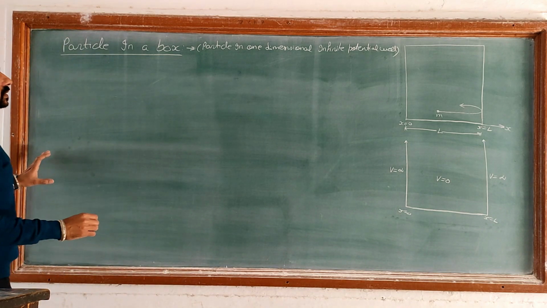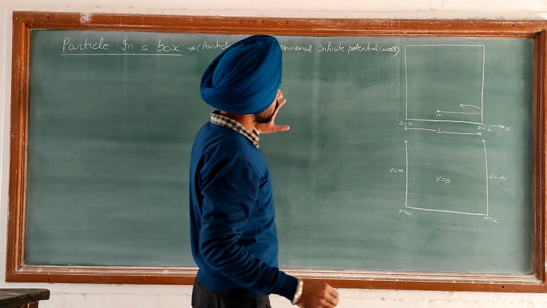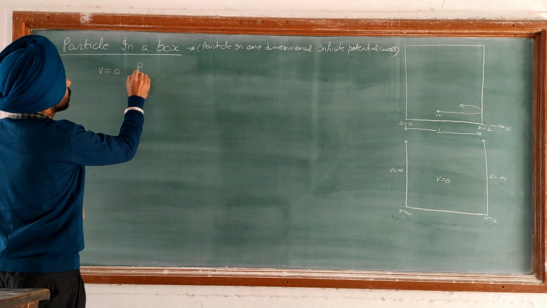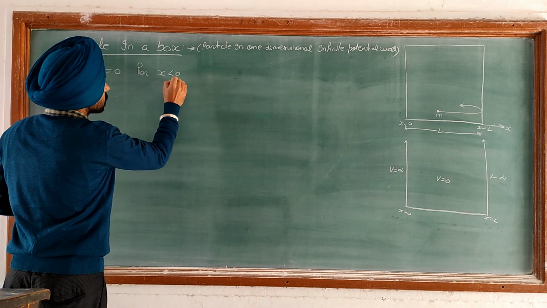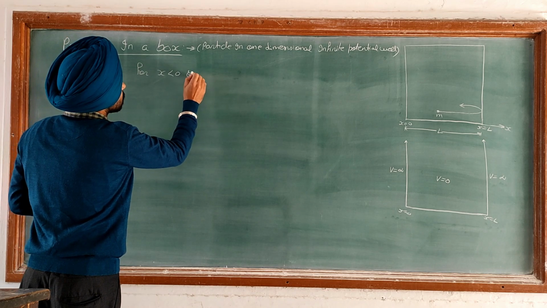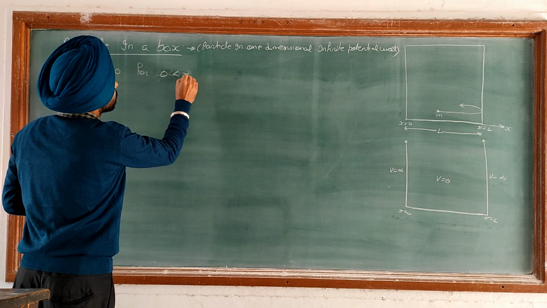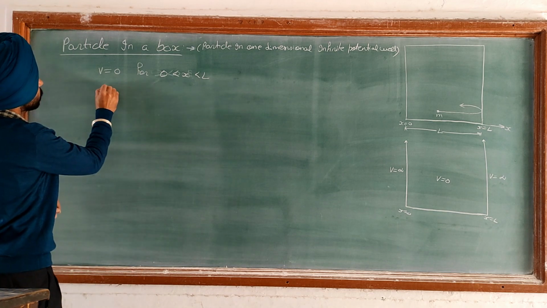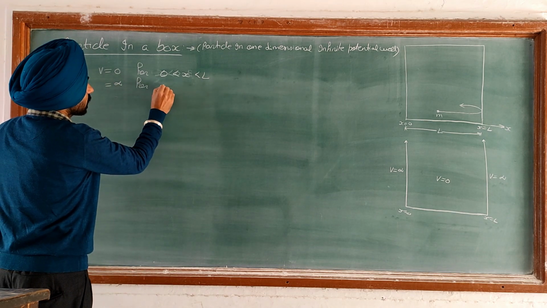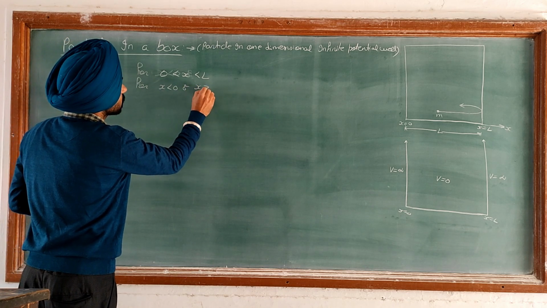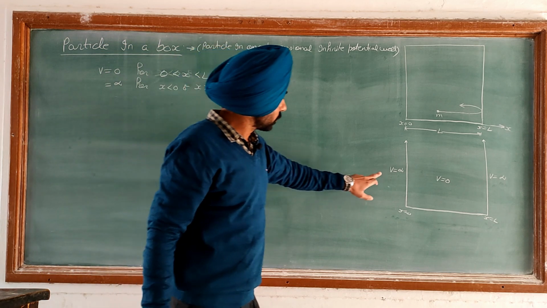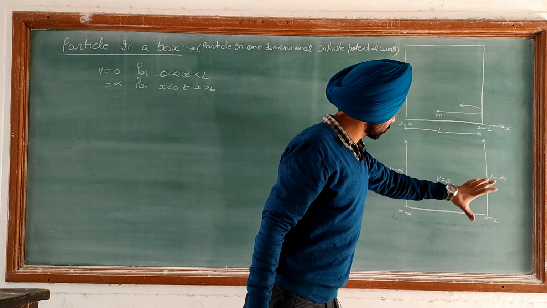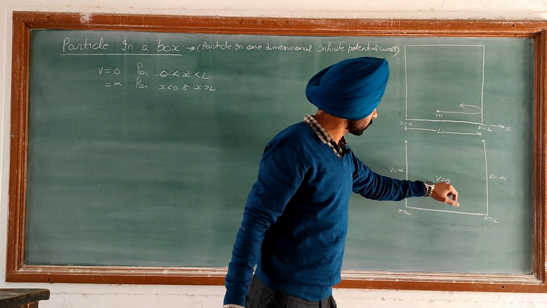Now another name: in the examination, from another aspect, the examiner can ask a question: V is equal to 0 for 0 less than x less than L. So x lies between 0 and L, V is equal to 0, and V is infinite for x less than 0 and x greater than L. So we define V is infinite for x less than 0 and x greater than L. V is infinite outside the box and at the boundaries, and V is equal to 0 inside.